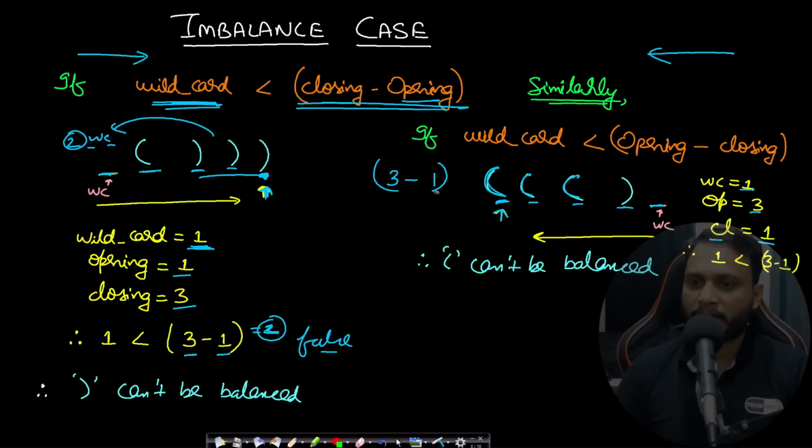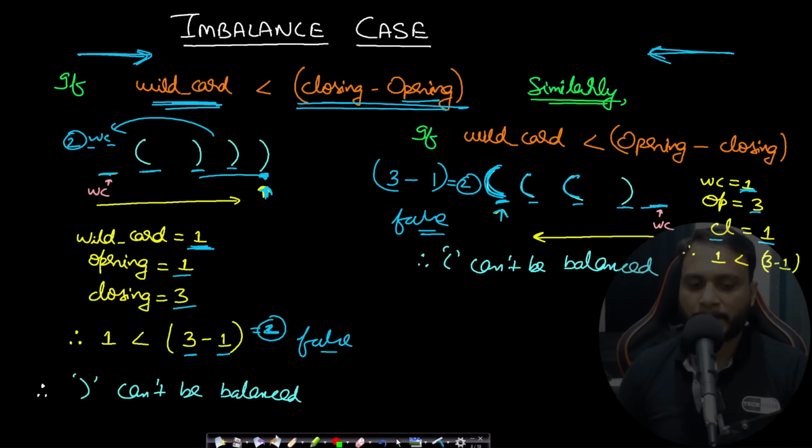So how many closing brackets do I need on the right hand side? 2. But how many wildcards do we have? Only 1. So this is the point where the opening brackets are creating imbalance, and that is why we will be returning false.